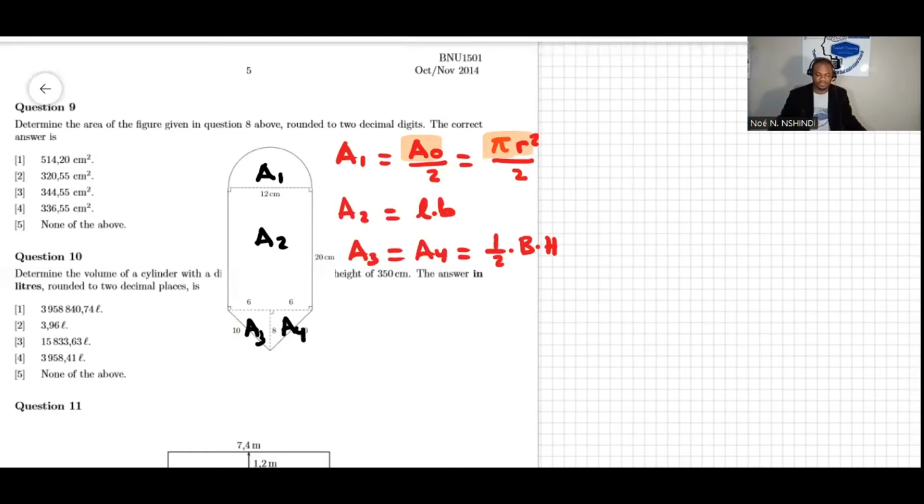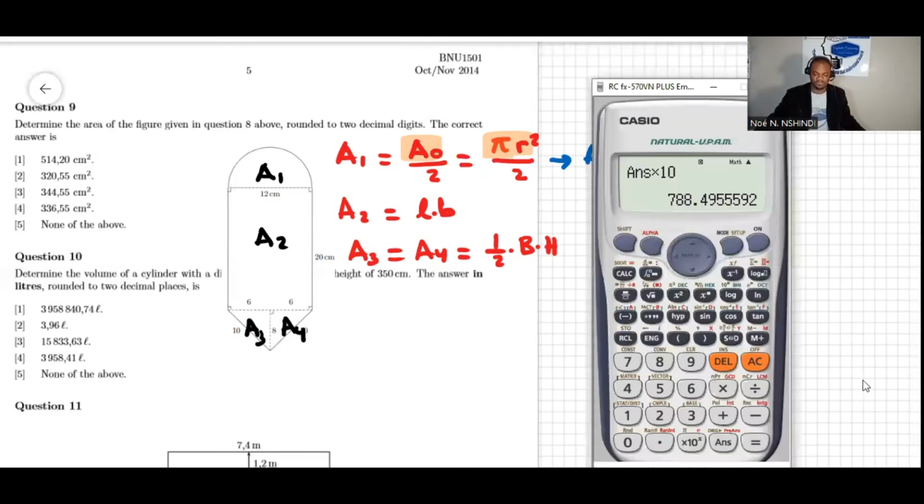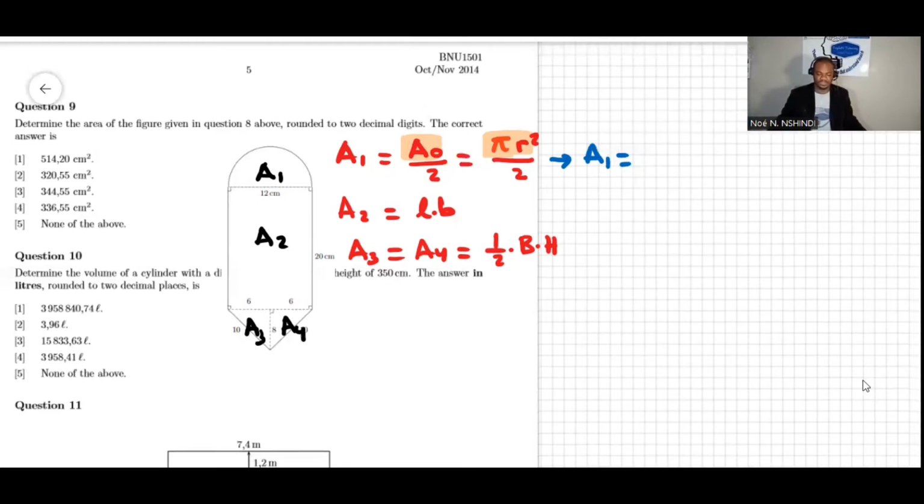Then over here we can work out area 1. It will be pi r squared. R we did find it was 6 units because it's half the diameter. It was 6 in the previous question. Before using the calculator, let's just type the values. So we have pi times 6 squared over 2, okay?